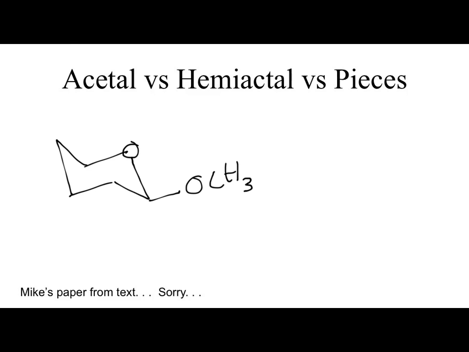How about that carbon? We've got 1 oxygen there, 1 oxygen there. So we are looking at some type of acetal, hemi or full. Now we've got to decide, is it full or not? Well, what are those oxygens bound to? Carbon and carbon. Do we have a hydrogen? Nope, which means it's an acetal.